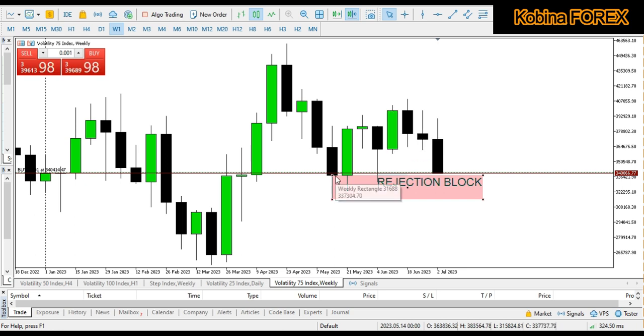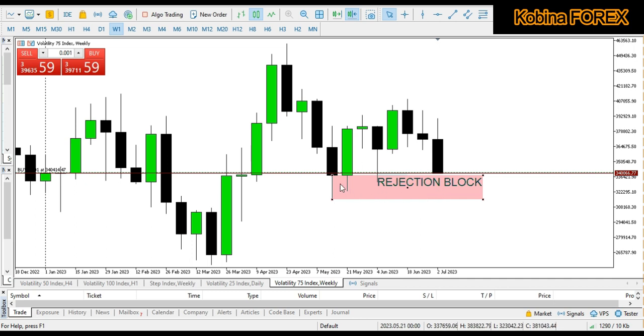Now we are looking for price to trade back into the rejection block, get rejected, and go up higher to take out highs. You could see that this rejection actually traded back into an old, long-term PD array, which is this other block. Price traded into it and then came back down again.